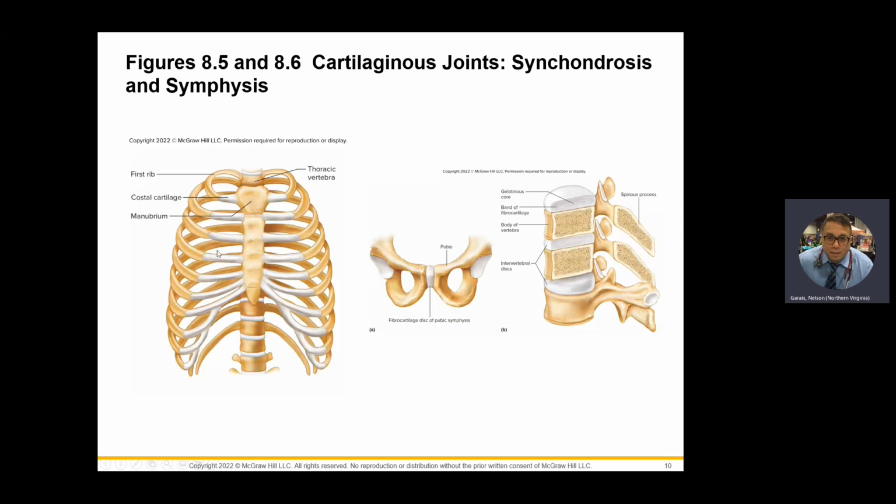If you see the costal cartilage here, which is part of your rib cage or your thoracic cage, your pubic symphysis, which is a fibrocartilage here, and of course your intervertebral disc, which is in between these thoracic vertebrae. I know these are thoracic vertebrae because you see this thing, it's called a pedicle. It's going to be connected to a rib.